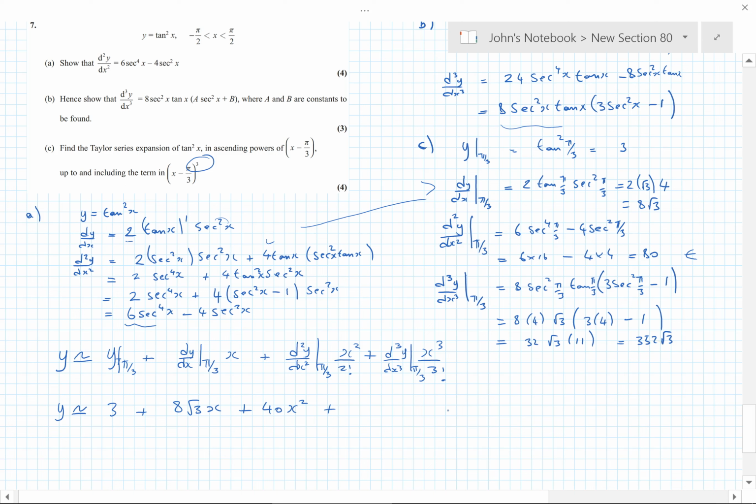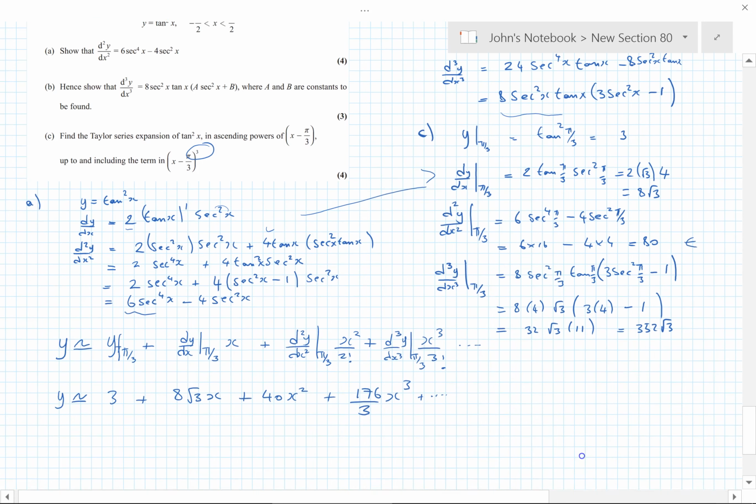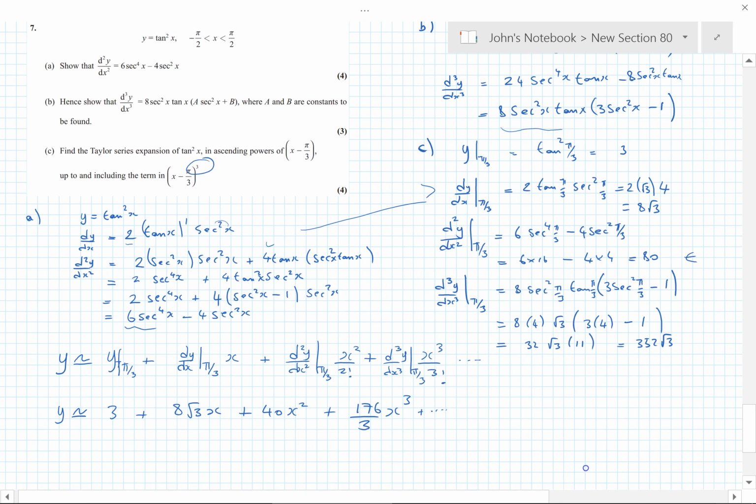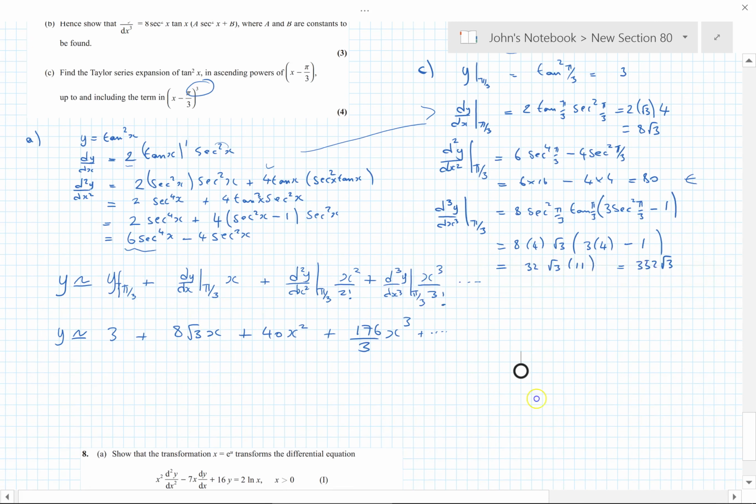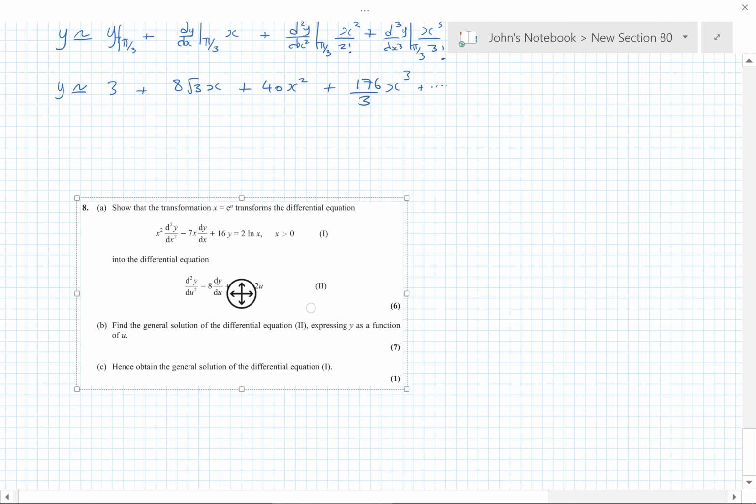Now 352 divided by 6 is 176 over 3, so that's 176 over 3 x cubed. And that's our Taylor series question done. Not too bad, I'd say, relatively standard, although a bit tricky, just got to be careful, so there may be accuracy issues with some.